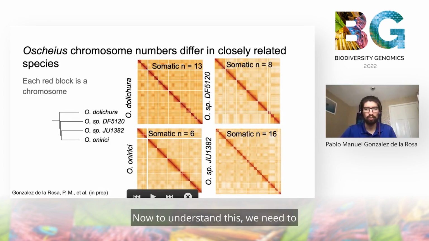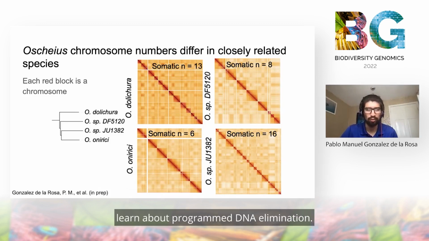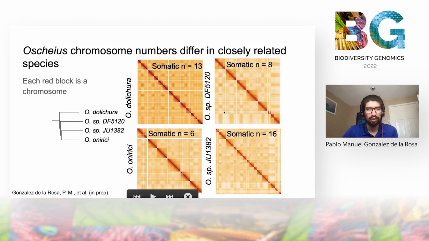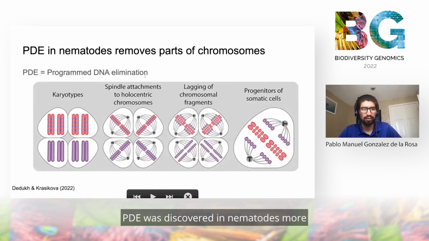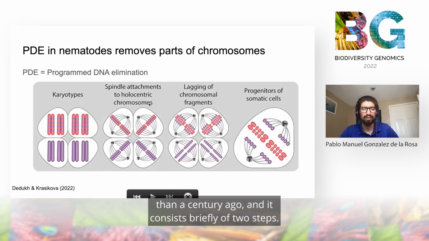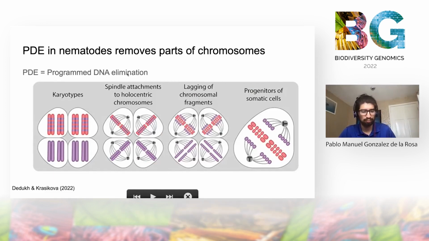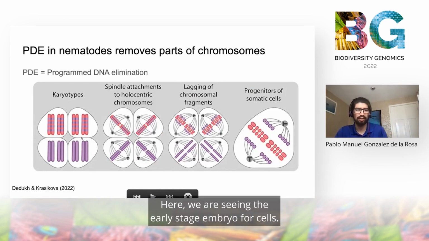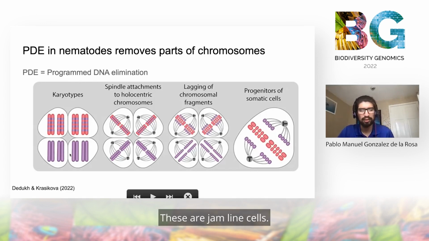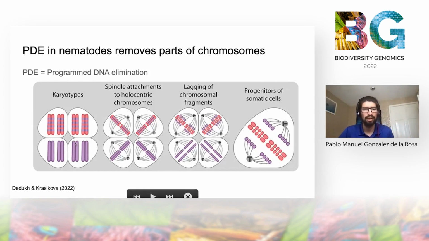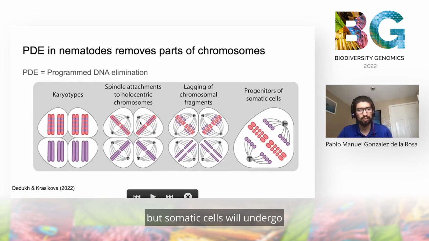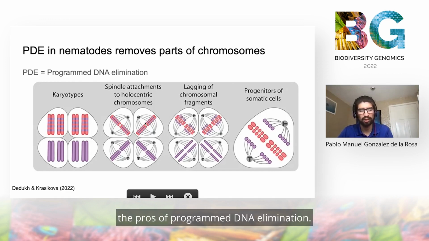Now, to understand this, we need to learn about programmed DNA elimination, abbreviated as PDE. PDE was discovered in nematodes more than a century ago, and it consists briefly of 2 steps. Here we're seeing the early-stage embryo, 4 cells. These are germline cells, so they will keep the whole genome and unbroken chromosomes, but somatic cells will undergo the process of programmed DNA elimination.